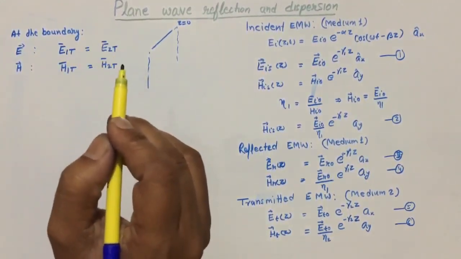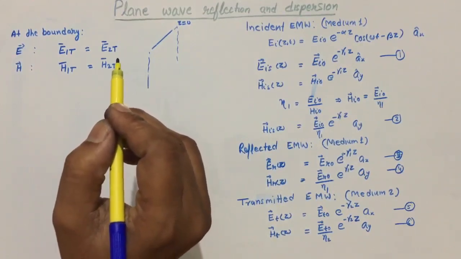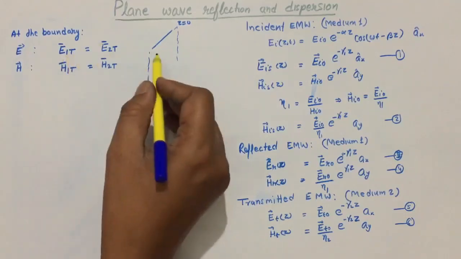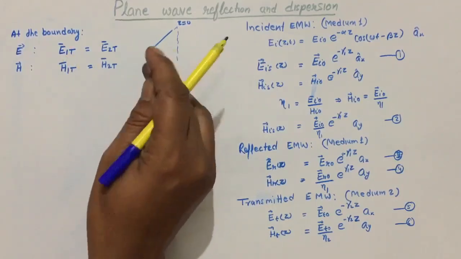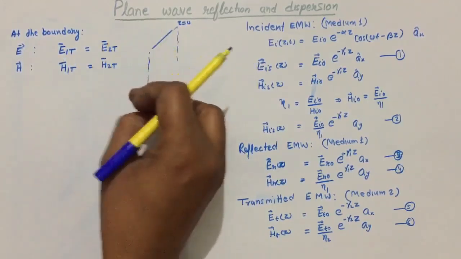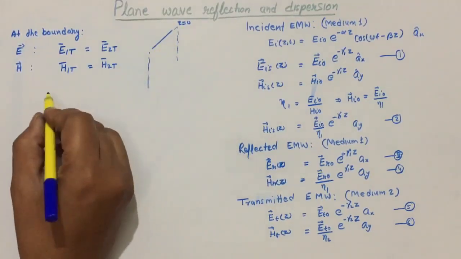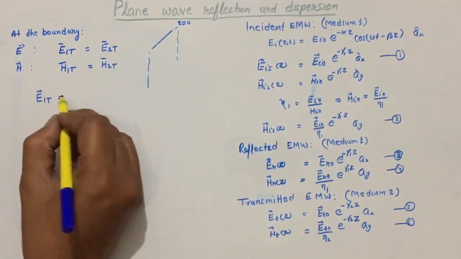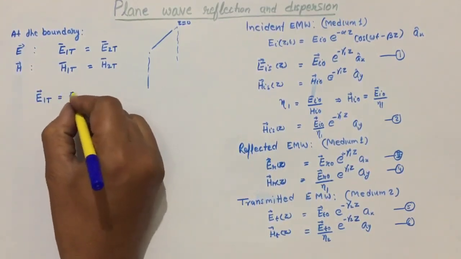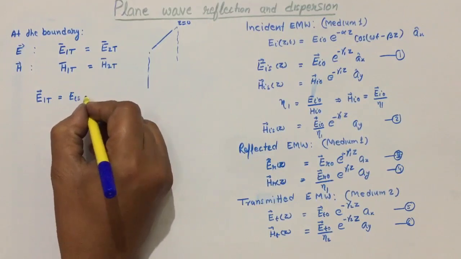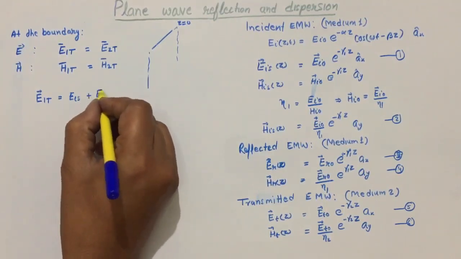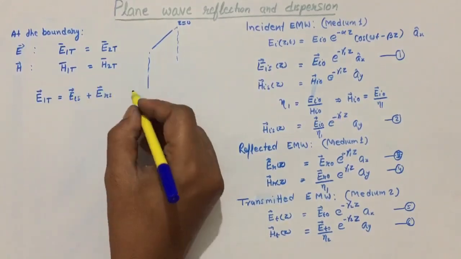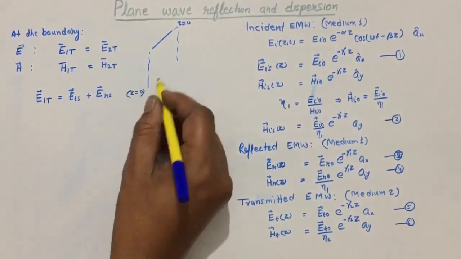We can consider this, and if it is considered, in that case E1t combines the incident and reflected wave. So E1t can have E incident wave plus E reflected wave at the boundary.